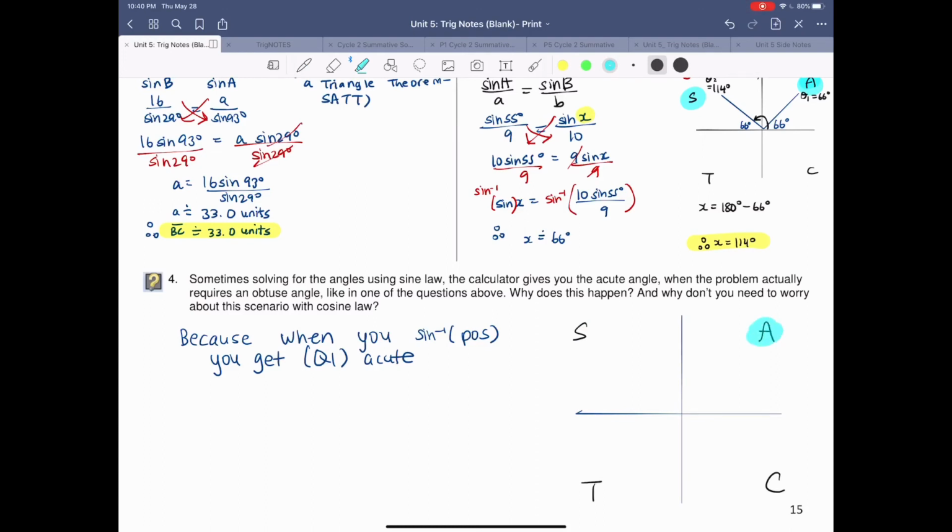So according to my CAST, this is where my sine ratios are positive, and again, you get an acute angle in quadrant 1, but you can also get an obtuse angle in quadrant 2.